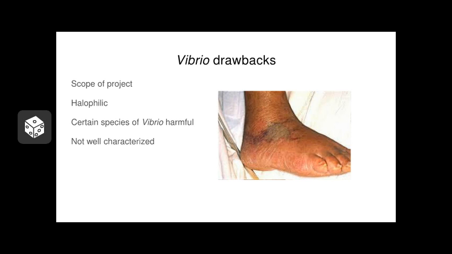Specifically, Vibrio natriegens is not as harmful as some other species of Vibrio. The figure here, which I chose a little bit more of a gentle figure, there's some pretty nasty ones out there. This shows an infection of Vibrio. It can infect a person, and it can kind of turn into a flesh-eating bacteria, so not so fun.